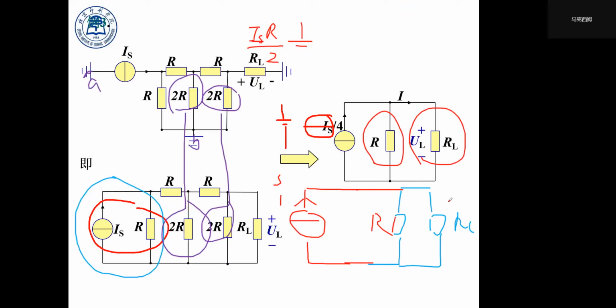We just do the current source transformation again.